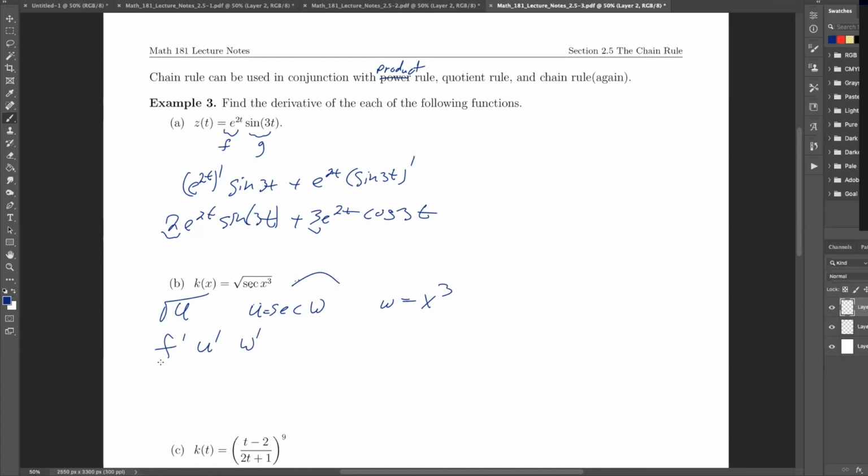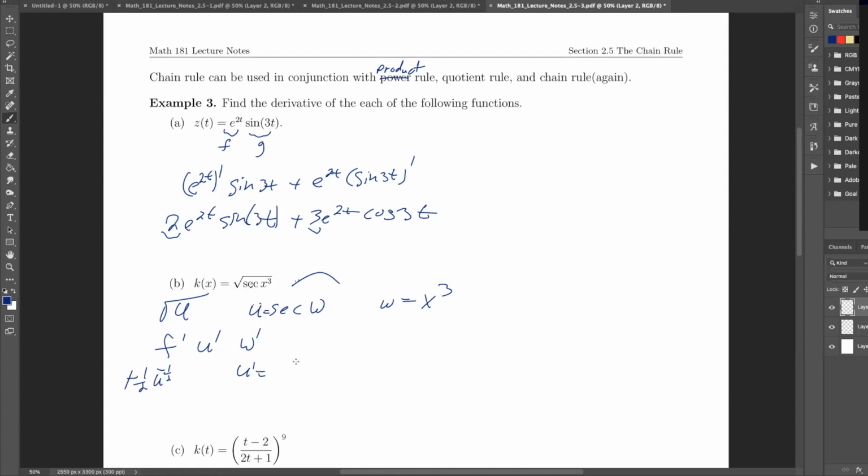Let's see if I can do this without horribly getting everyone lost. So here, the derivative of this is positive 1/2 u to the minus 1/2 power. We've done square root loads of times. Here, u prime is equal to secant becomes secant tangent.